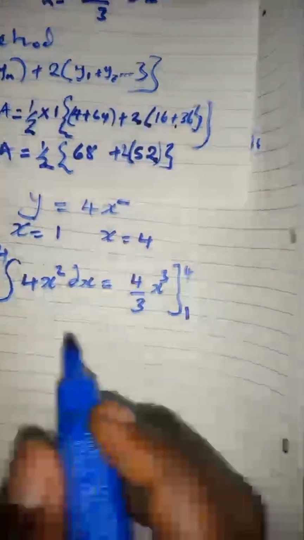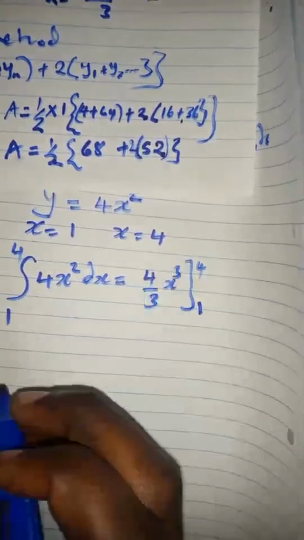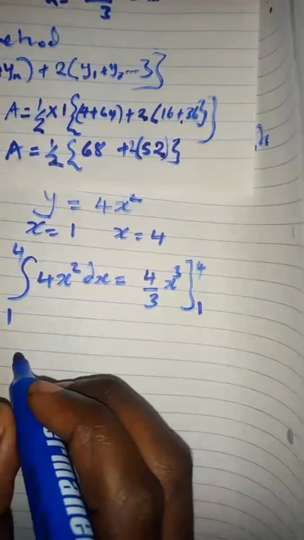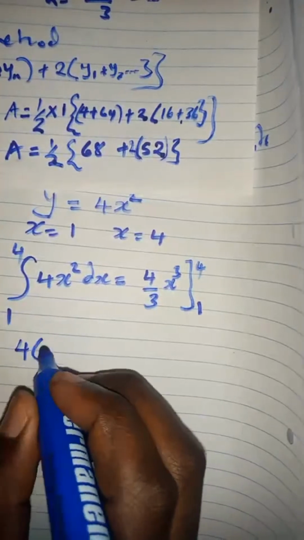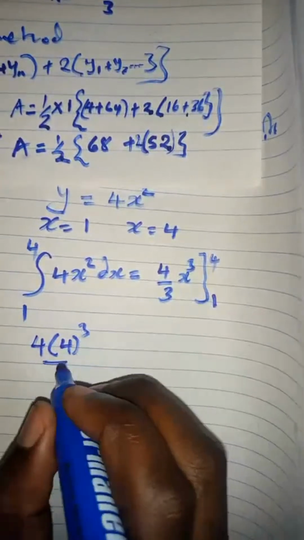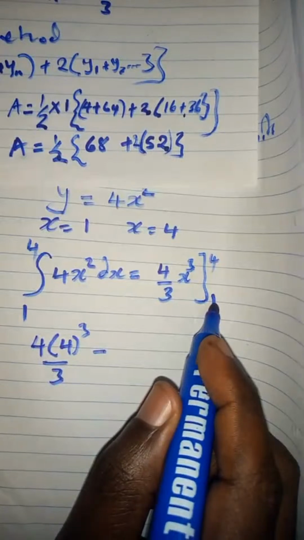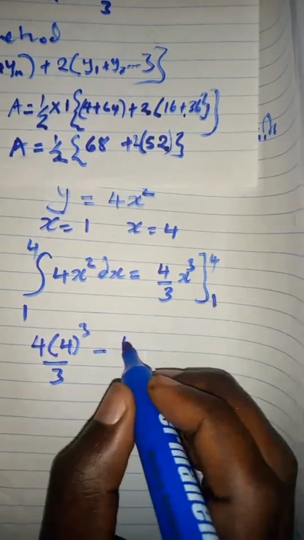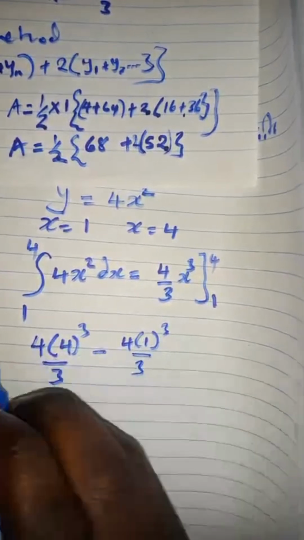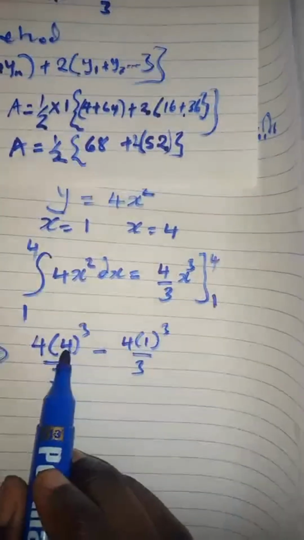Then I'll substitute 4, so I'll have 4 in bracket 4 cubed all over 3, and subtract when I substitute 1, 4 times 1 cubed over 3. So 4 cubed is 64.